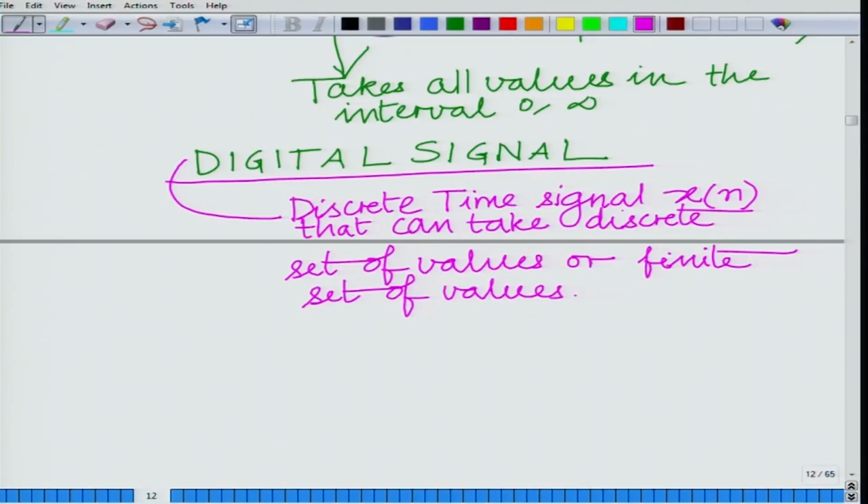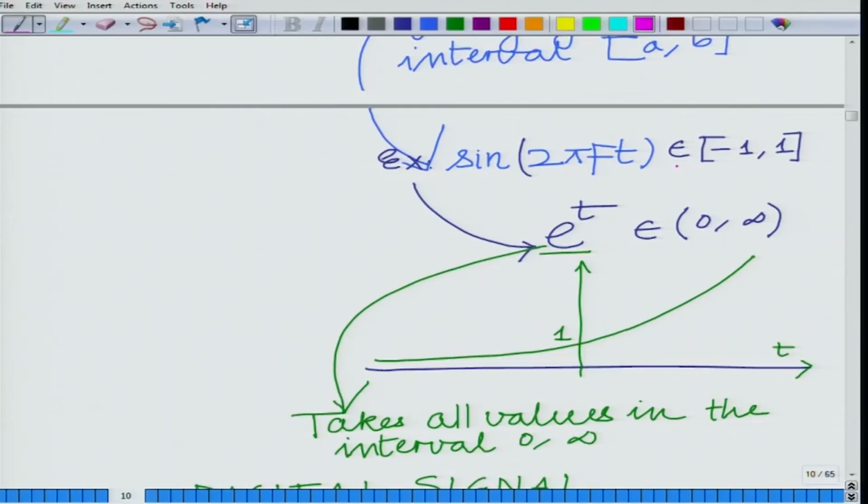For instance, if you look at sin(2 pi fc t), it can take any value in -1 to 1. So, these are infinitely possible values.